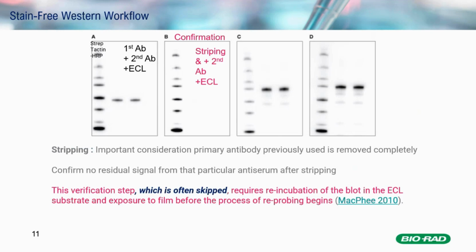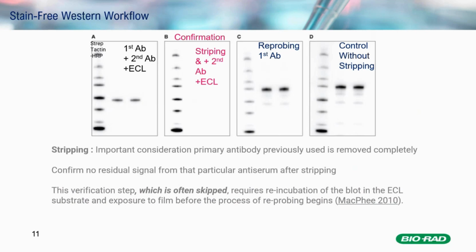This step is mostly skipped because it requires re-incubation of the blot with ECL and taking exposure on the film or imaging system, and you need to spend ECL and antibody again, and then you need to reprobe and control with stripping.